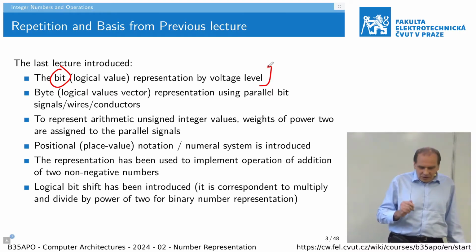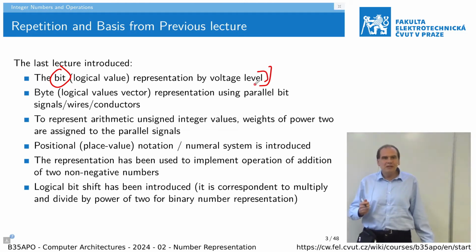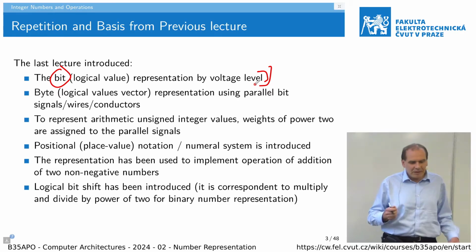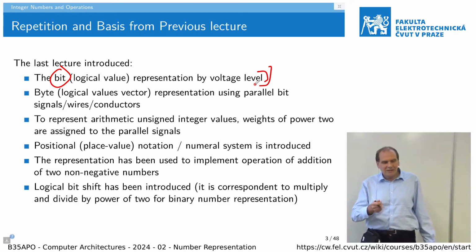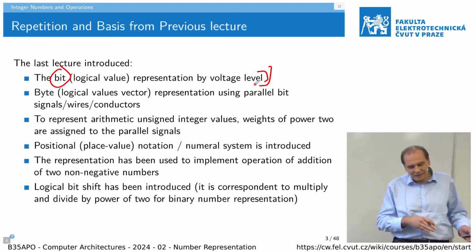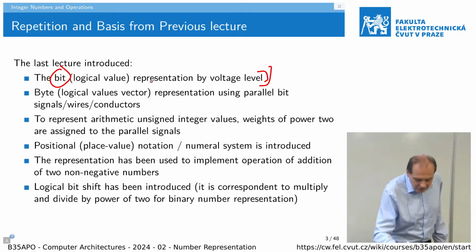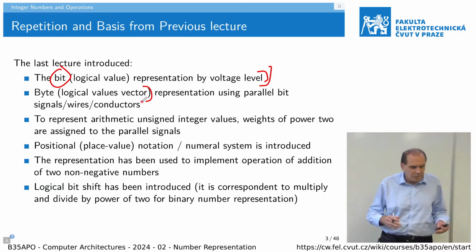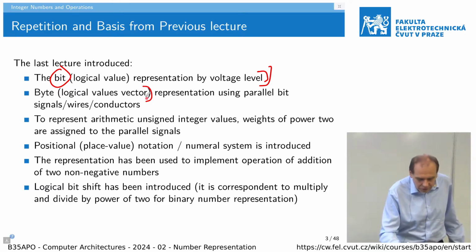Okay, so we can represent a bit by voltage, or in optical cabling we can use, for example, light to represent the state of the bit value. We can send bits serially, one after another, or we can run more bits in parallel to form bytes or longer logical value vectors.